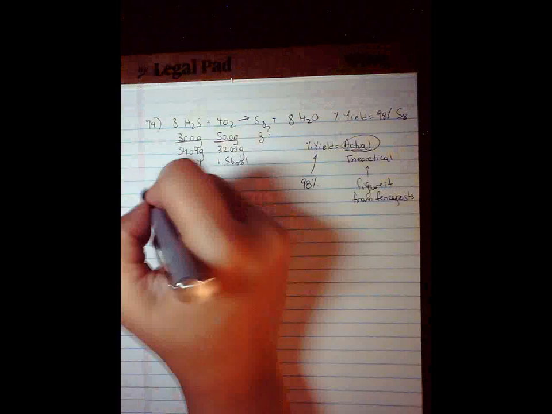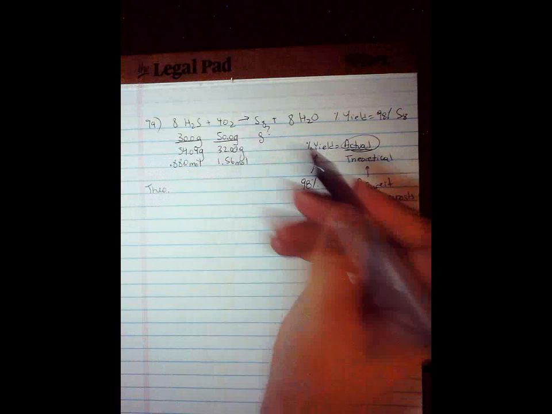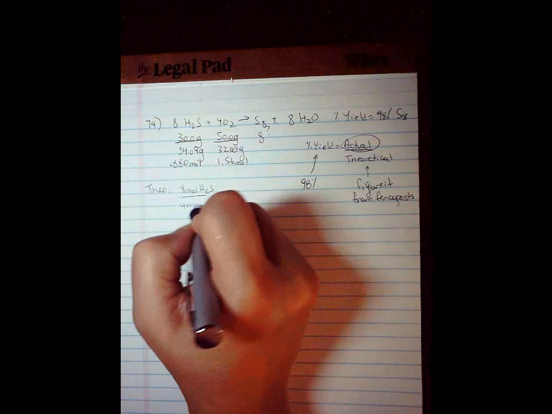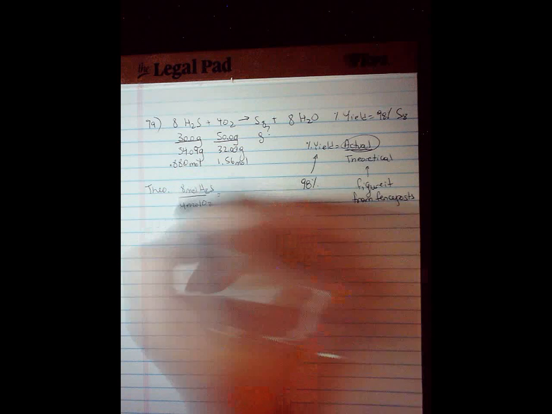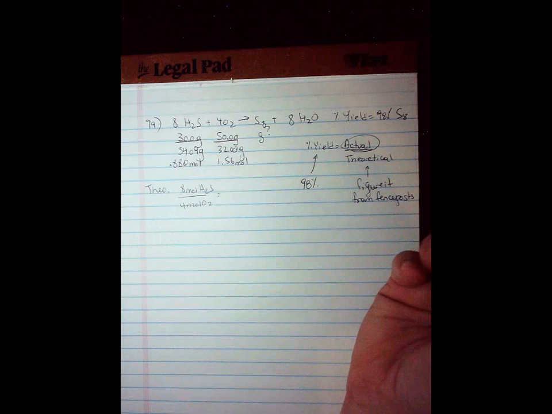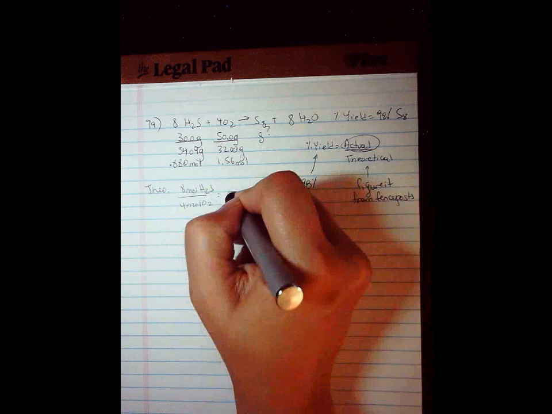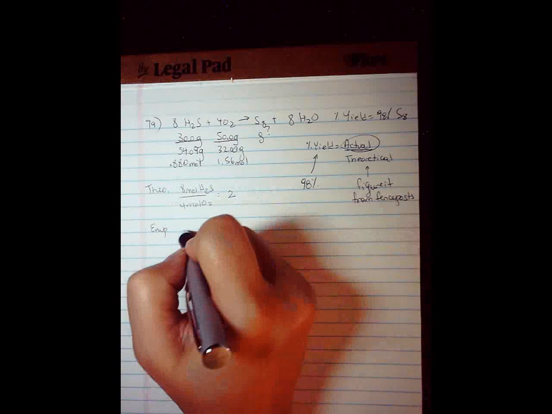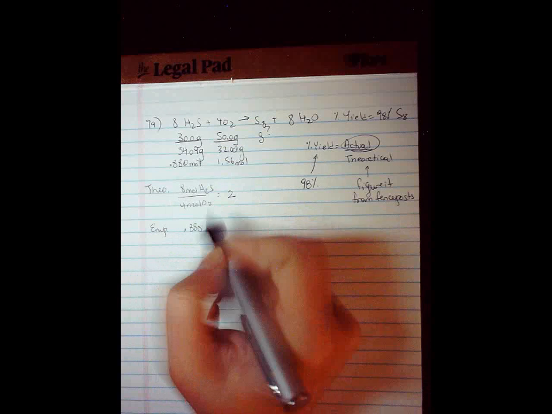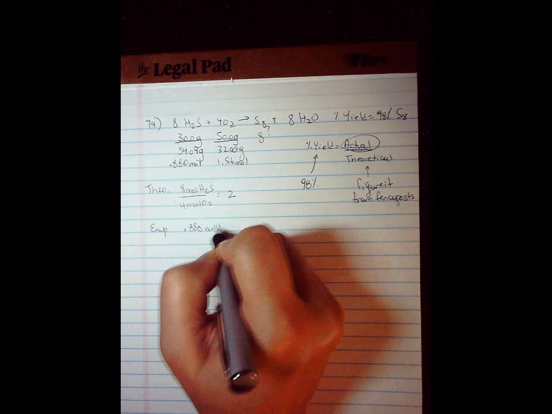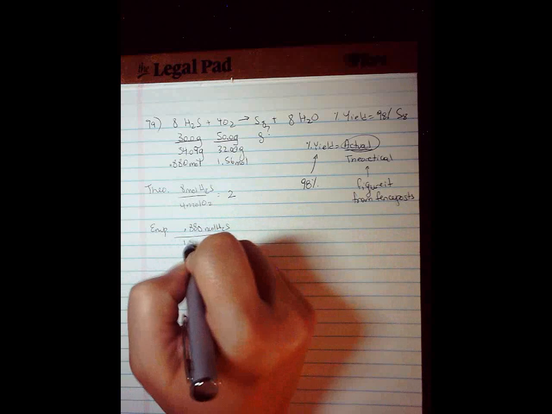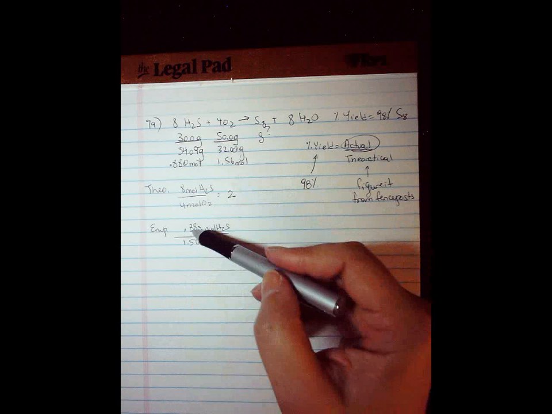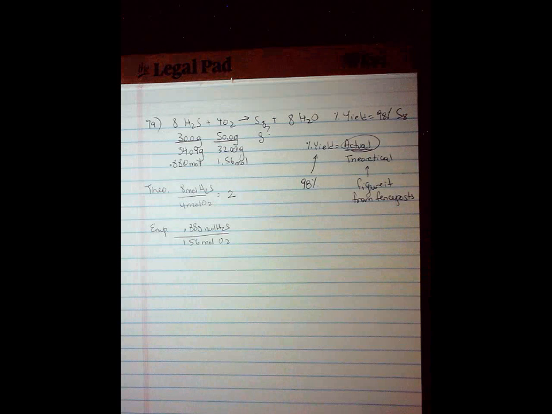Okay, so in theory, I need 8 moles of H2S for every 4 moles of O2, right? 8 over 4 reduces down to what? 2. Okay, empirically, what were you actually given? I was given 0.880 moles of H2S and 1.56 moles of O2. So I wasn't given twice as much of the top as the bottom, did I?